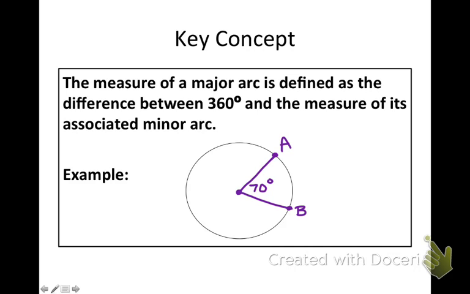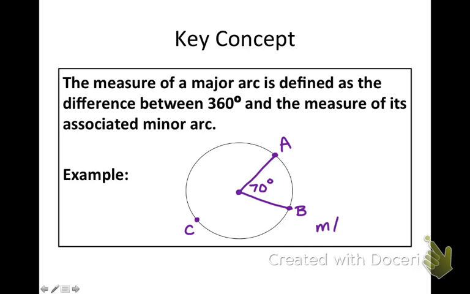If I said arc AB, that would still be discussing this arc here. So I need to come up with a new name for the major arc, which goes all the way around. In order to do that, I need to add another point. So let's put point C somewhere over there. Looks a little bit like Pac-Man, huh? So arc ACB would be my major arc.